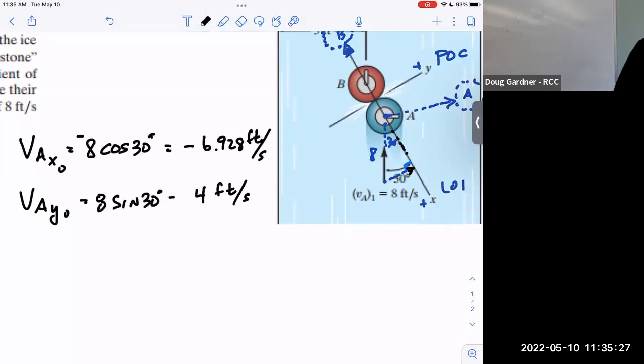So, okay, I've converted that 8 into the coordinate system now. The important thing to understand is that in the Y direction, it's not going to change. 4, it's going to stay 4. However, 6.928 is going to get smaller. It's not going to bounce back toward us with that same bounce off the wall. And it's that E that I'm going to need to figure that out.